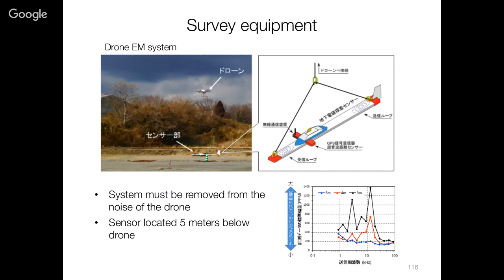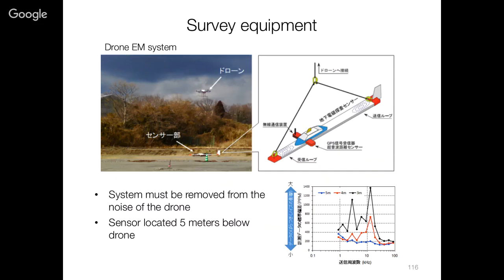First of all, the drone itself has got a lot of electromagnetic noise, and so you need to have a sensor that's quite a ways away. So here's the drone, and then here is the transmitter and receiver. So it's just like the Resolve system that we just talked about. And this has to be far enough away from the drone that you're not getting a lot of EM signal from that.